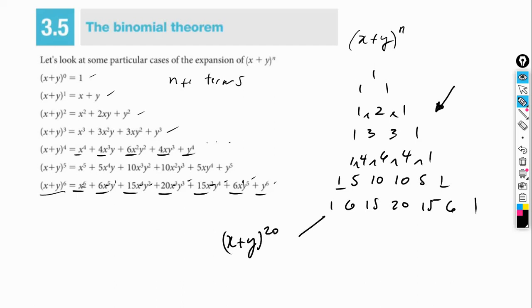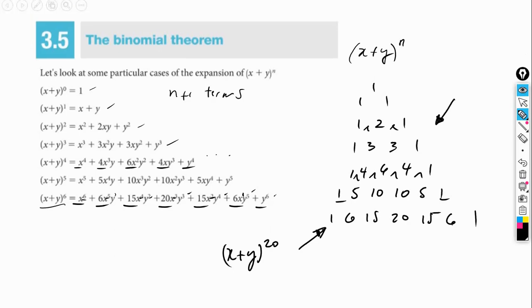This process of using Pascal's triangle would be too lengthy, too tedious. That is where the binomial theorem comes in, whose proof is given in chapter 5, so we will see that when we get there. What I'm saying is that it would be too complicated to do it with Pascal's triangle, so we are going to take a look at the binomial theorem.